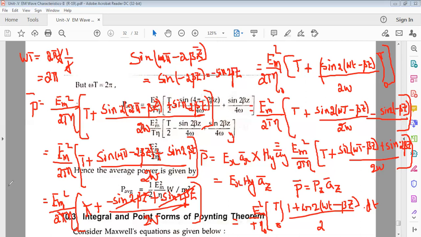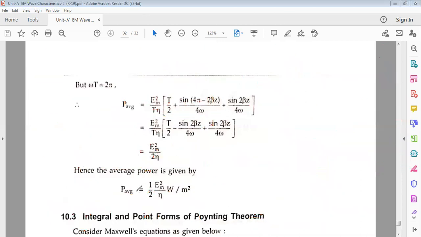The average power, P average, is equal to Em square by 2 eta.